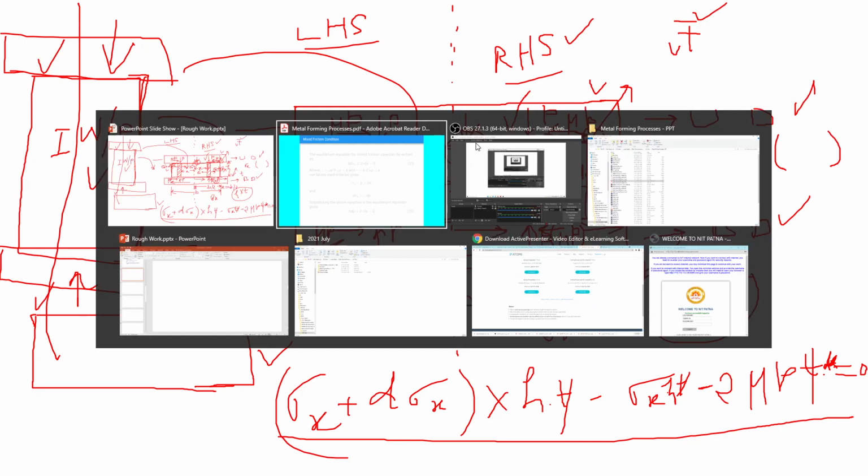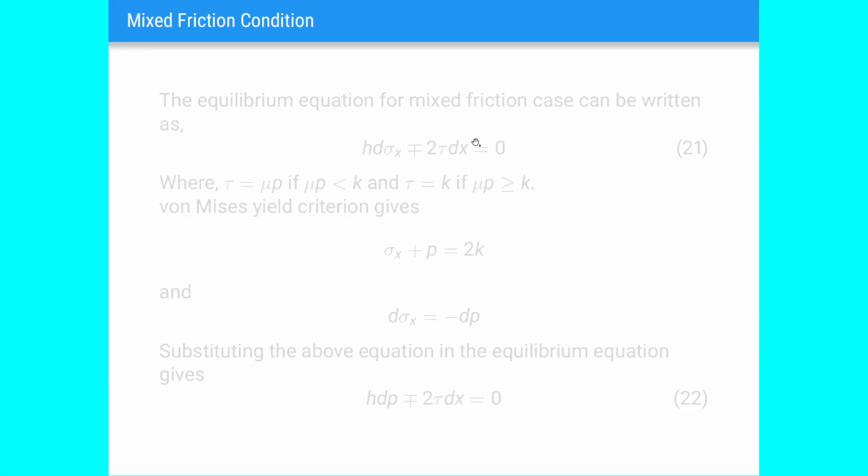So how will we move ahead in the case of mixed friction condition, when we are having very high friction at the center and very low friction at the outer region of your forging operation?